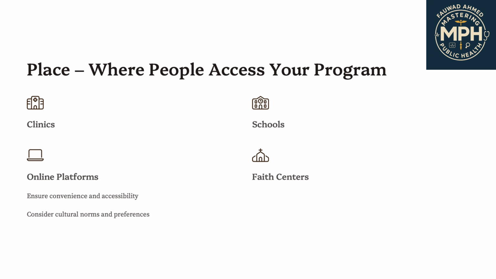Place refers to where and how the priority population accesses the product or service. It could be a physical location, for example, clinics, schools; a digital space, for example, a website or a mobile app; or even through a trusted person, for example, a community health worker. Convenience and accessibility are key.